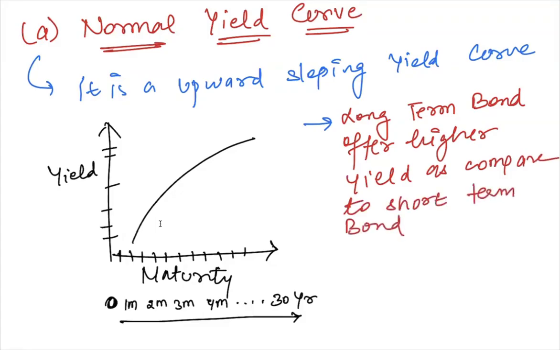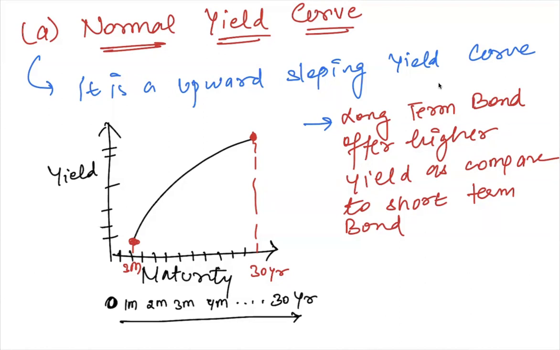Tell me one thing. This is your 30-year maturity, and this is, let's say, your 3 month maturity. Which yield is bigger? Can you tell? That's correct, 30 year is bigger.